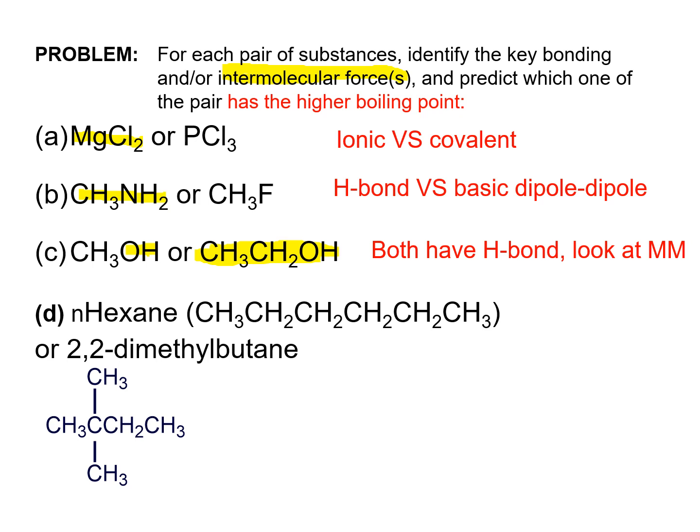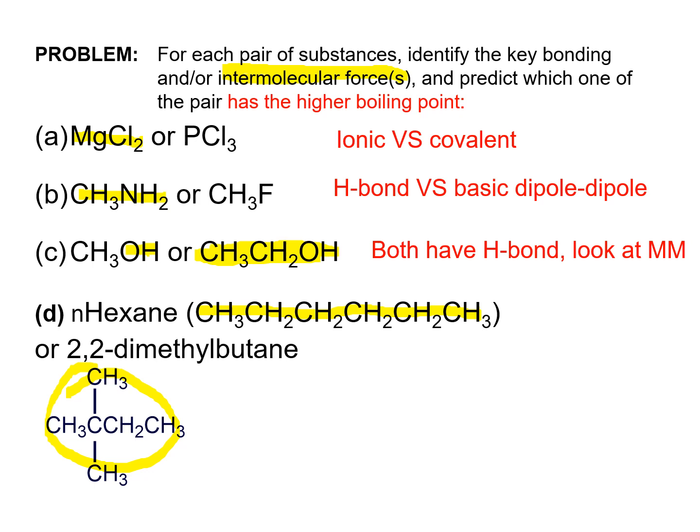In D, we have 2 compounds with the same formula: normal hexane that has 6 atoms of carbon connected linearly, and 2,2-dimethylbutane that has this globular form. But there are also 6 atoms of carbon. So they have exactly the same formula. They are isomers.